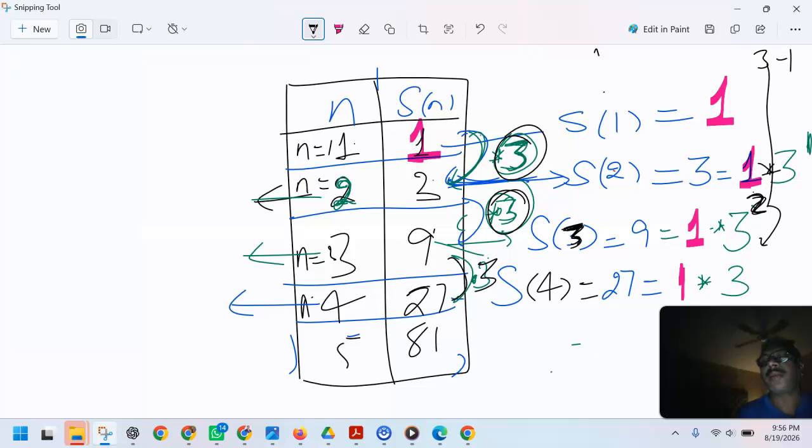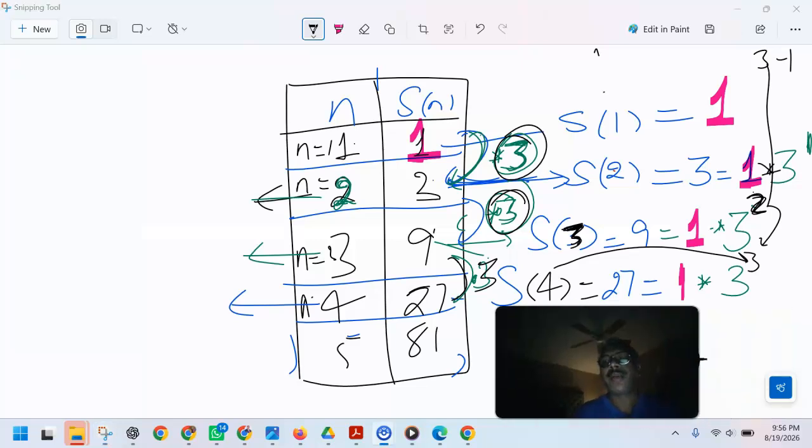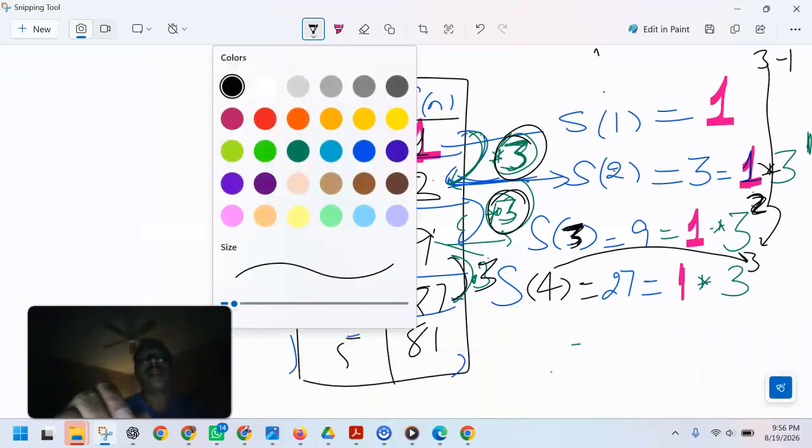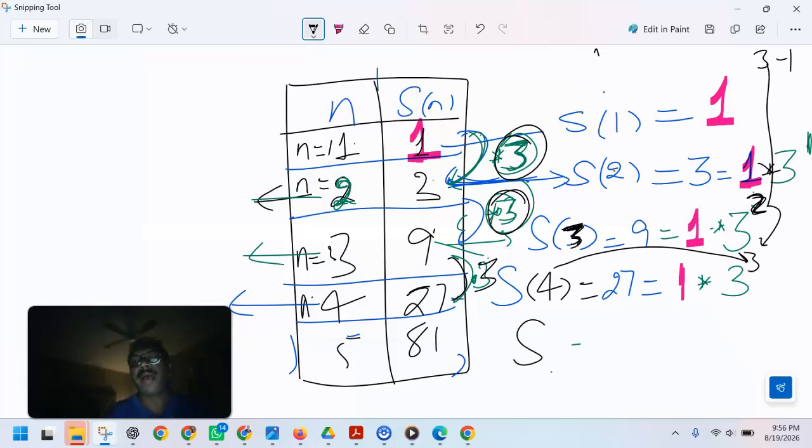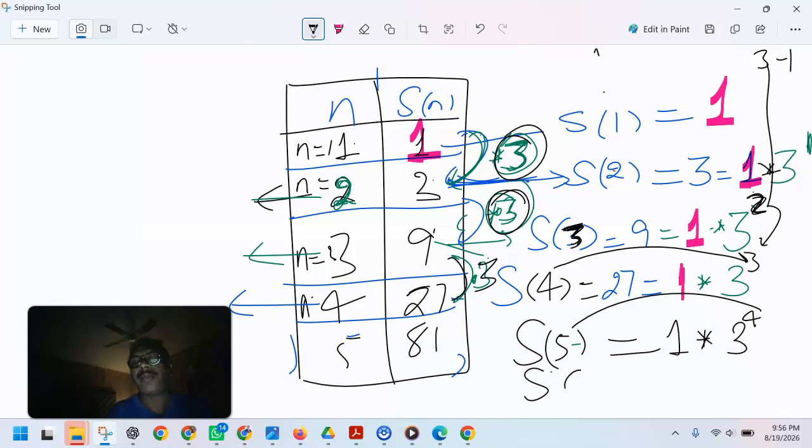So there are 3 raised to 3. If we compare here, it is 1 less. Likewise, if I write S of 5, this will be 1 times 3 raised to 1 less, which is 4. If I write 6, this will be 1 times 3 raised to 1 less, which is 5.